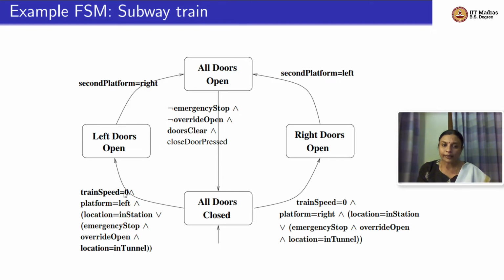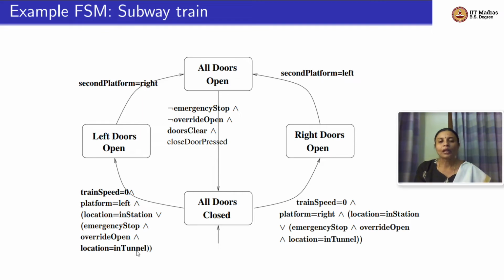So let's read that same guard once in English to understand. Train speed should be equal to 0. Train is not moving. Platform is on the left hand side. That's the second clause. And the location of the train is inside the station, or somebody has pressed the emergency stop button and opened the door manually using the override option while the train is still inside a tunnel.